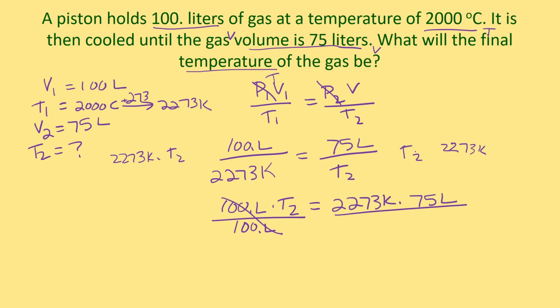I want to isolate the variable I'm trying to solve for. I have to do it to both sides of the equation. So I get T2 is equal to 2273 Kelvin times 75 liters divided by 100 liters. Note that my liter units will cancel out, and I will be left with 1705 Kelvin. That's how we solve that problem.